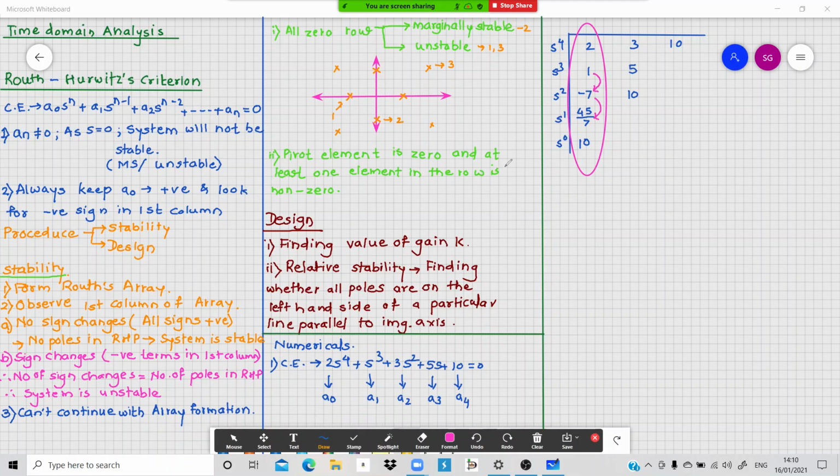So in short I'll write two sign changes. If no sign change occurs, all elements positive, the system will be stable. Two sign changes is equal to two poles in RHP. That means the system is unstable.